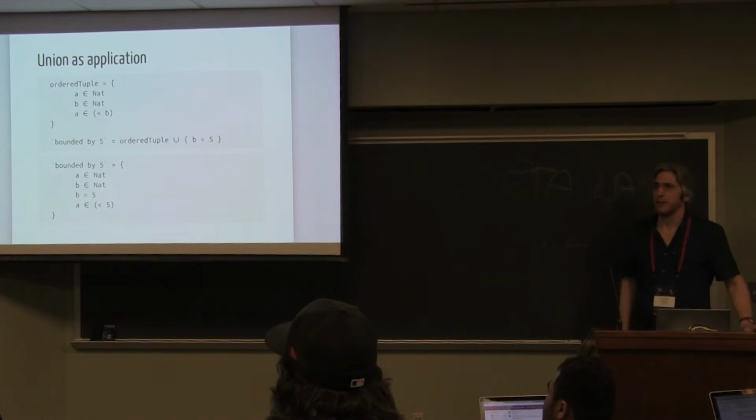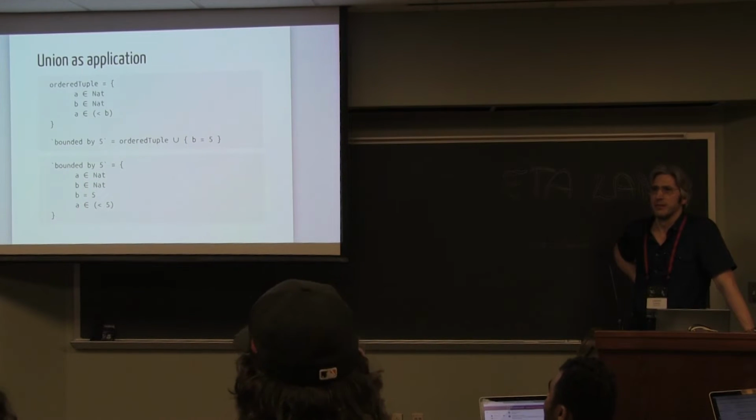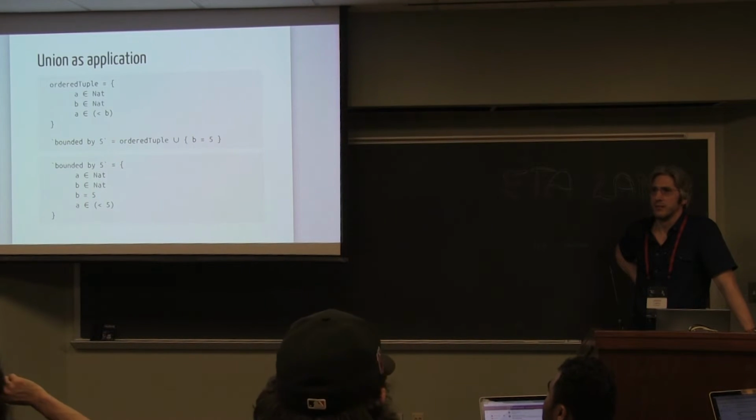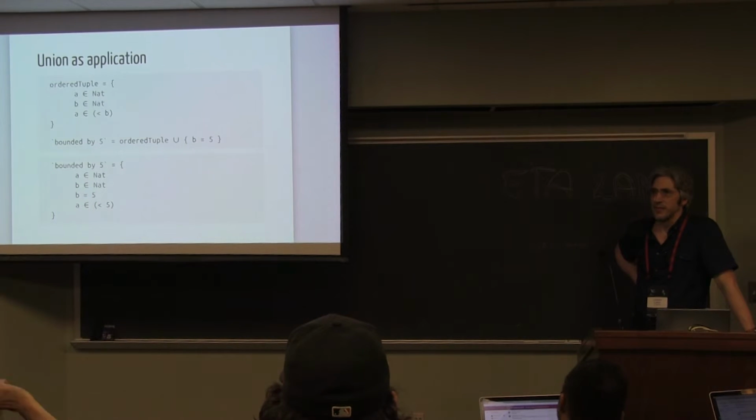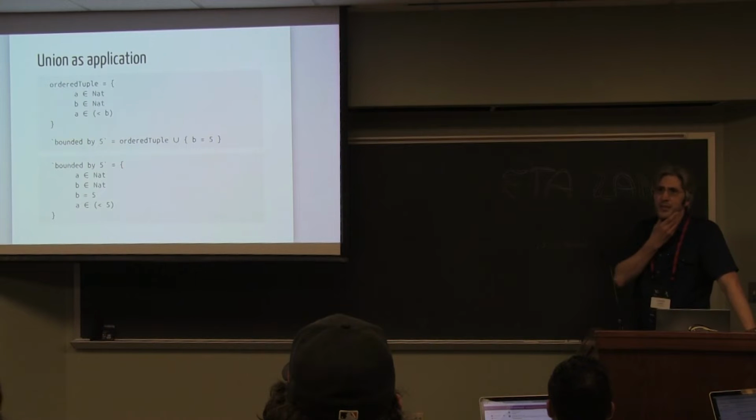So when you say order tuple union with b equals 5, order tuple represents a set that has all order tuples in it? Yes. And then b equals 5 represents a set, the set of all... No, it's only one. The power set of that is only one element. It's 5.